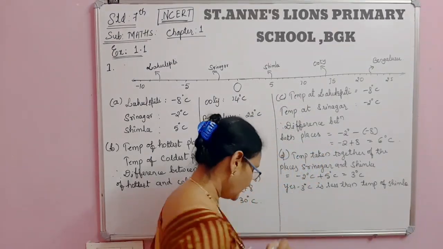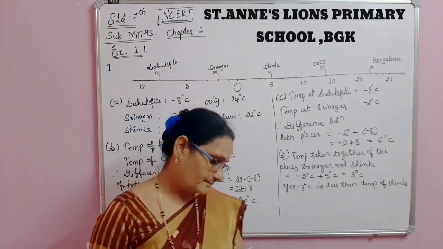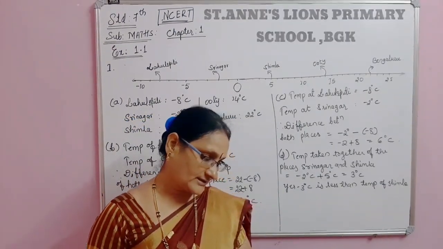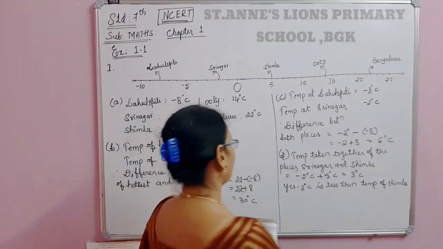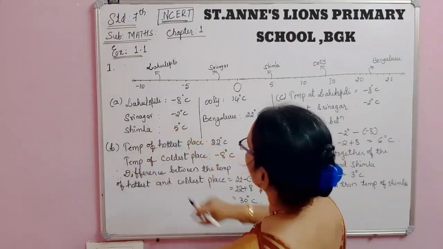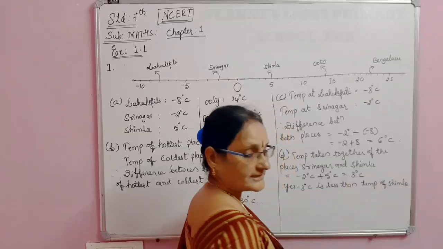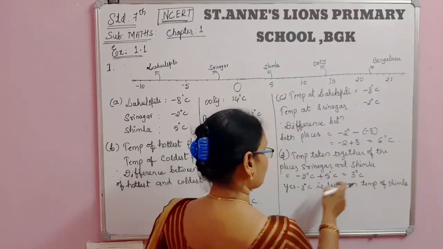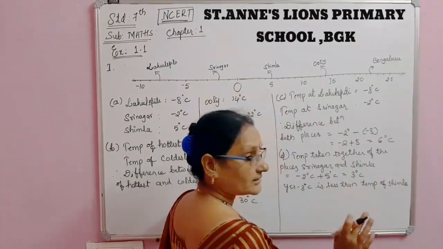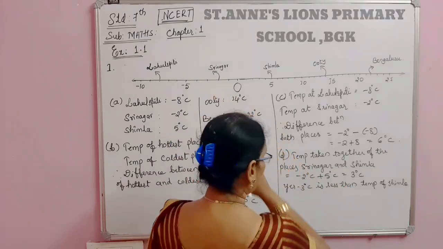Then in that only, one more question they asked. Is it also less than the temperature at Srinagar? Srinagar is minus 2. Is minus 2 less, or is 3 degree Celsius less? Minus 2 is less. 3 degree Celsius is not less than Srinagar.